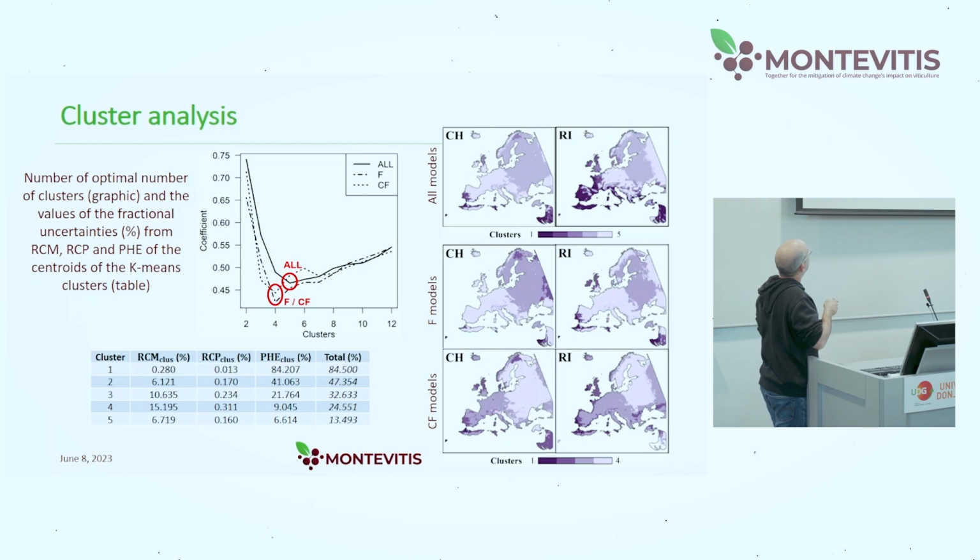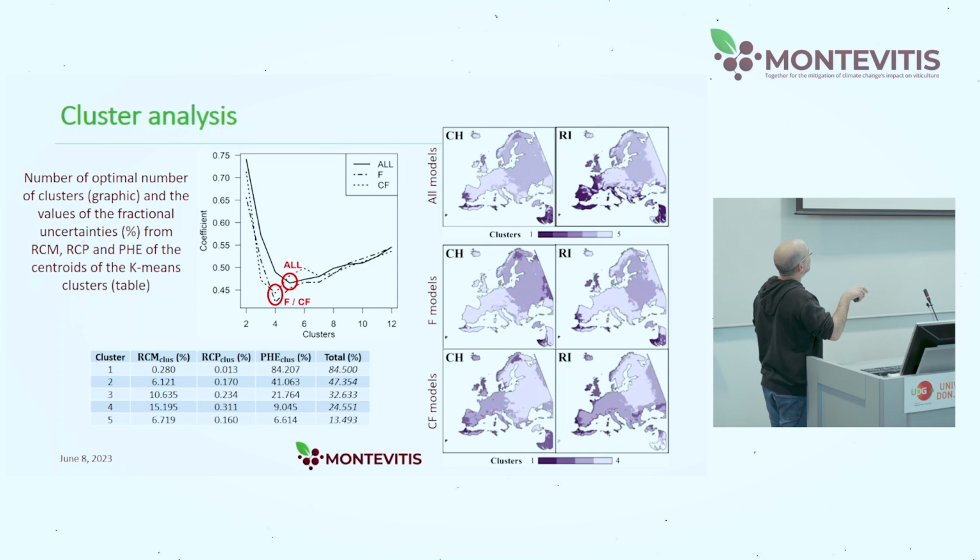For example, we did it for all the models together, but as we saw that differences between the models exist, we also calculated if there were differences inside each of the models, and we can see that there are. But here, considering all the phenological models, the largest differences are in the Iberian Peninsula and the southern part.